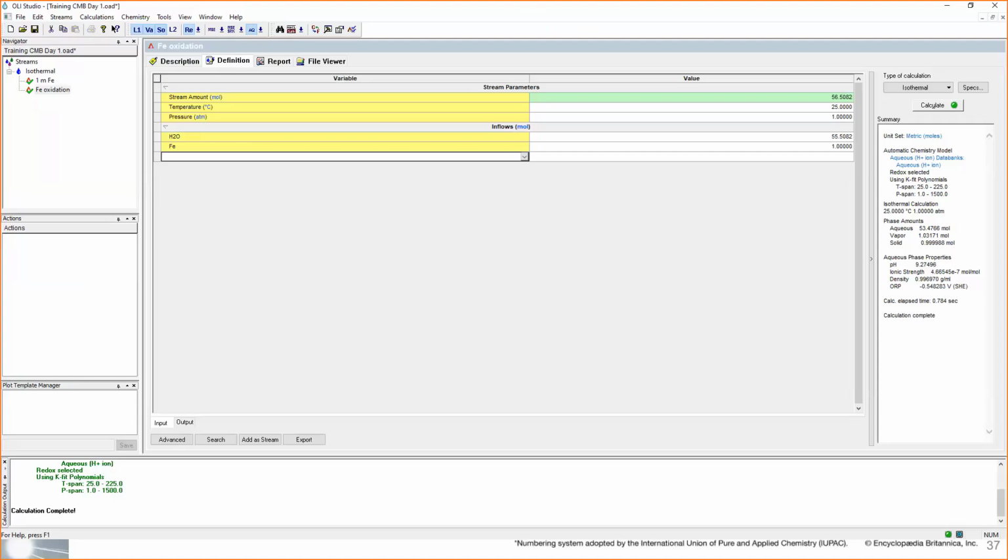So it's always good to turn it on when you are certain that you are going to have redox reactions, okay? When we are doing corrosion rate calculations and when we are doing Pourbaix diagrams, the redox reaction will always be turned on by default in those specific calculations.